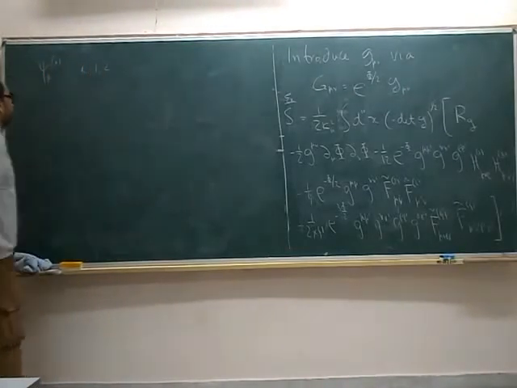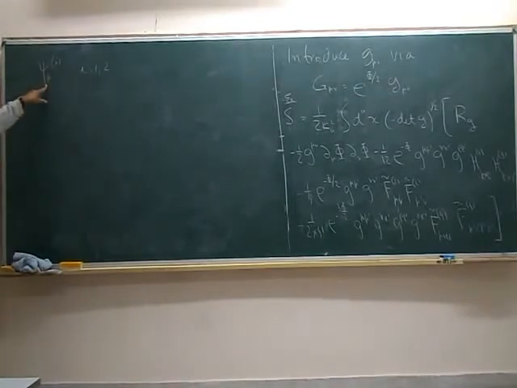Mu, of course, is a vector index. I have not written here the spinor index. The spinor index takes 16 values. These are real spinor fields. Type 2 theory has two of these. So how many components? Each of them has 10 times 16 components, because mu takes 10 values, and I takes values 1 and 2.